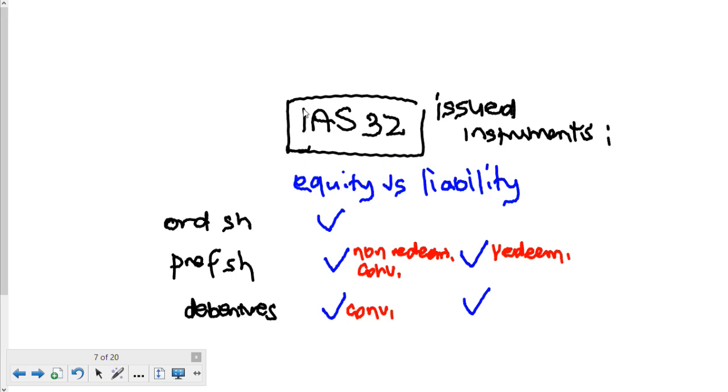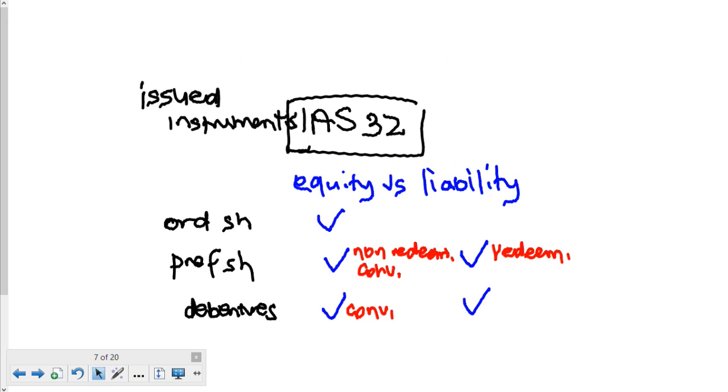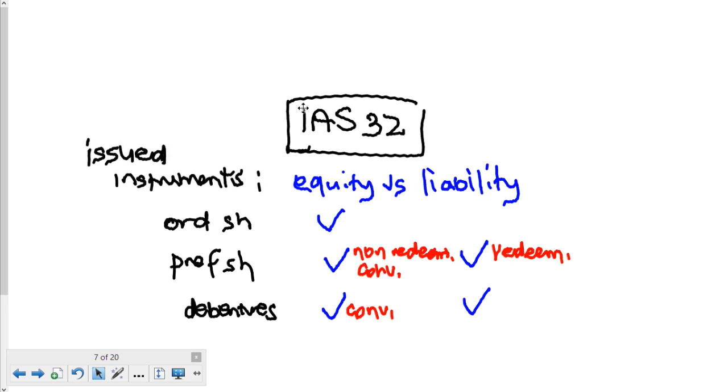When the company issues instruments, those instruments are ordinary shares, pref shares, and debentures. Are they equity or are they liability?